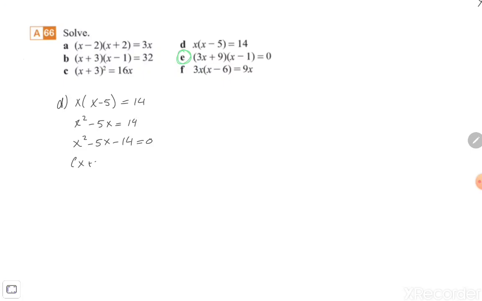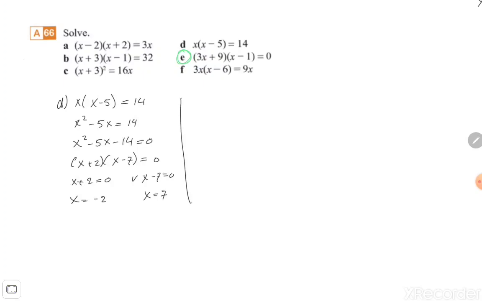So (x plus 2) inside the bracket and (x minus 7) in the bracket is equal to 0. x plus 2 is 0, or x minus 7 is equal to 0. So x is minus 2 or x is 7. There you go.